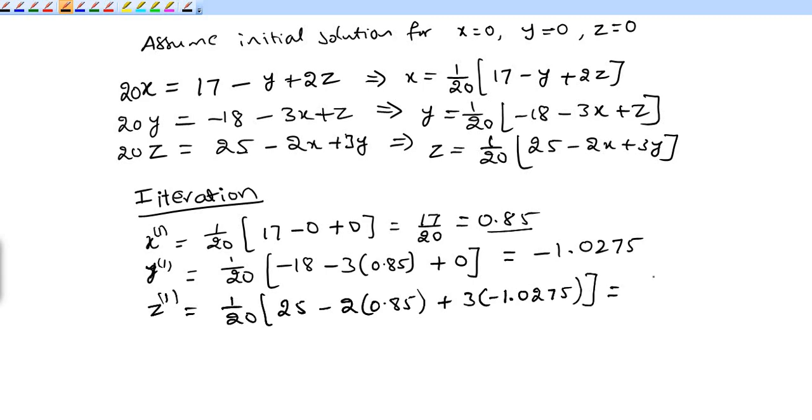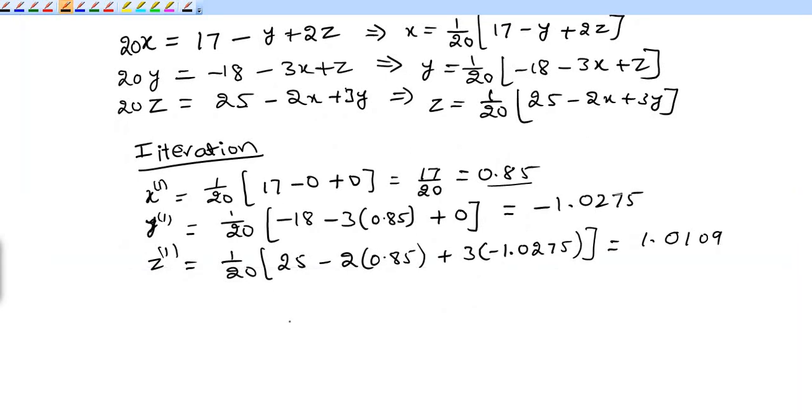So if you simplify this, we get 1.0109. This is the first approximation. Next we take the second approximation, the second iteration.